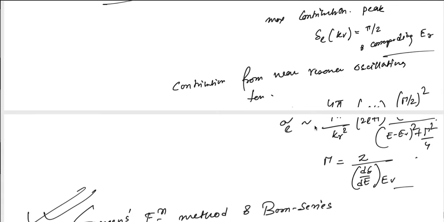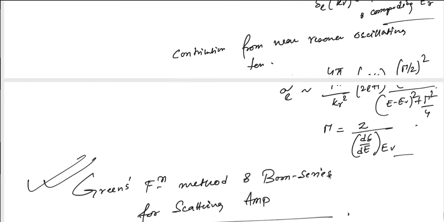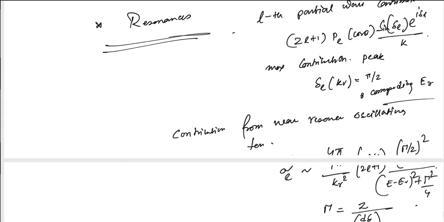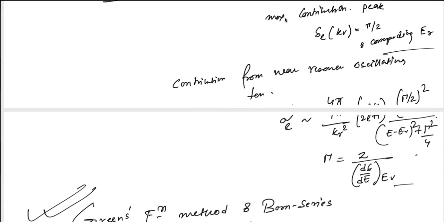If you write that down, sigma L will have this resonating form, as you know, 4 pi by k squared times (2L plus 1) gamma by 2 whole squared, a Lorentzian form where gamma is identified as the width of the resonance. That is basically the partial wave part of this scattering chapter. The next thing I will do is the Born approximation, which is a more general method.